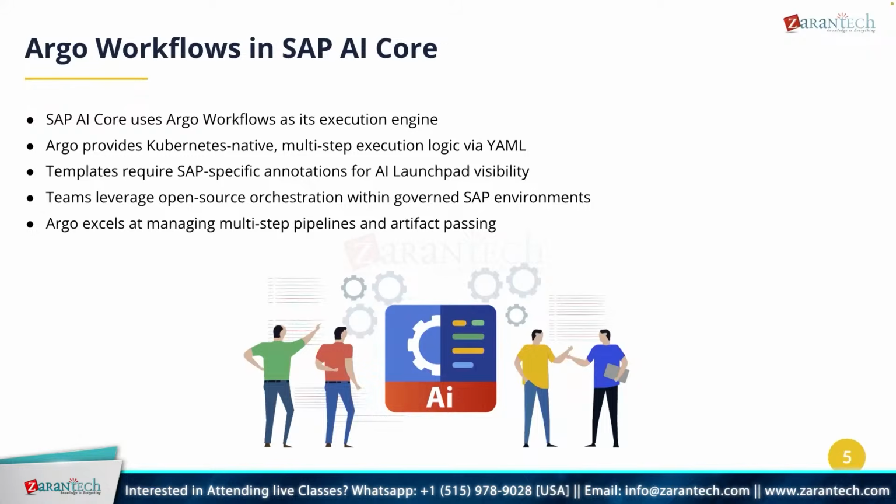You can start with the YAML entry point with some main, go for some templates, with the sequential DAG and everything. And then after that, you have to work on it. Okay. So what happens internally is very important. From AI Core, you can create an Argo workflow, and from there a Kubernetes pod spins up, and then the Docker container runs, and then it logs with the output stored.